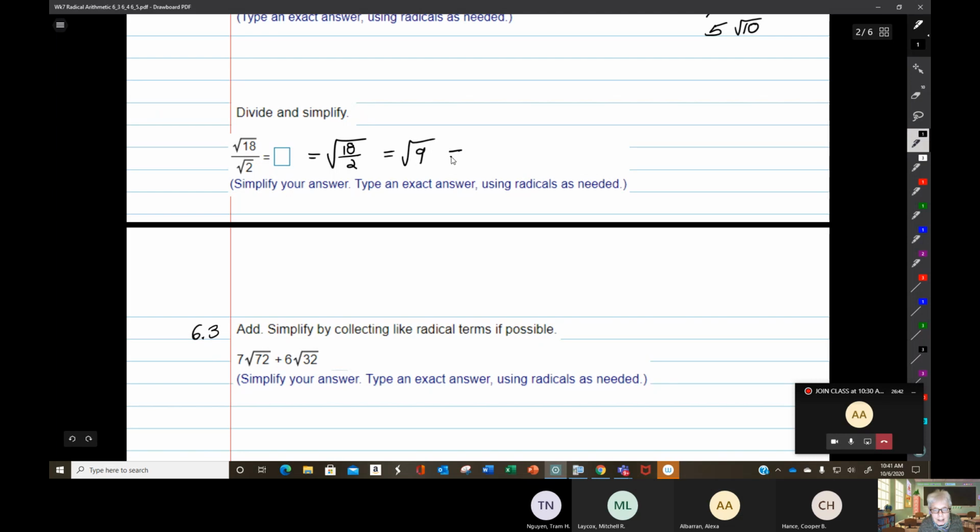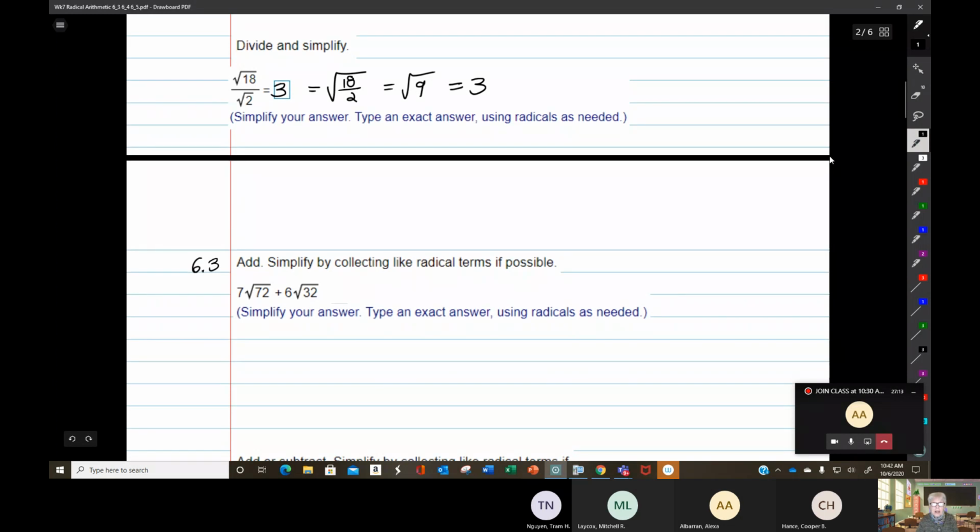It's 3. So the square root of 18 divided by the square root of 2 can be changed into the square root of 18 over 2. It gives you the square root of 9, and the principal square root of 9 is 3. So you can do that also. It's handy when you have the same kind of root.